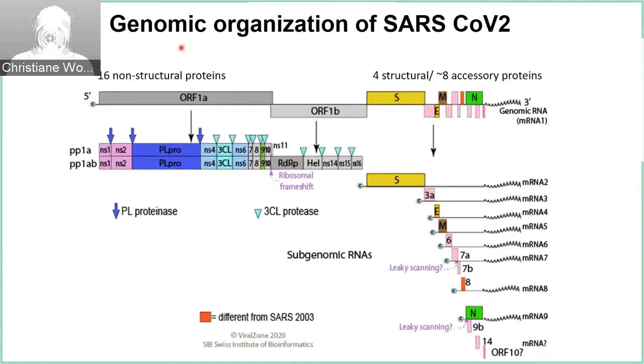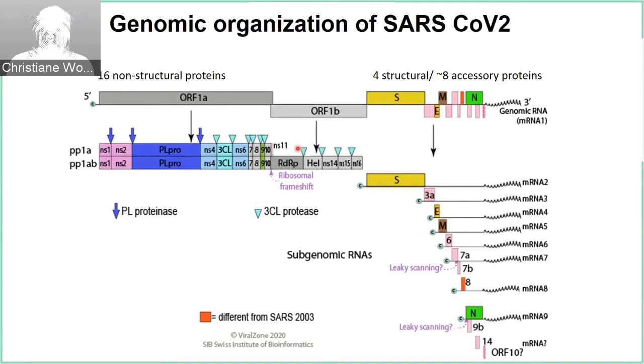And so to look at the genomic organization of SARS-2, you can see in this cartoon here that the virus expresses a great number of proteins, up to 28 proteins. The non-structural proteins are expressed from the 5' end of the genome.